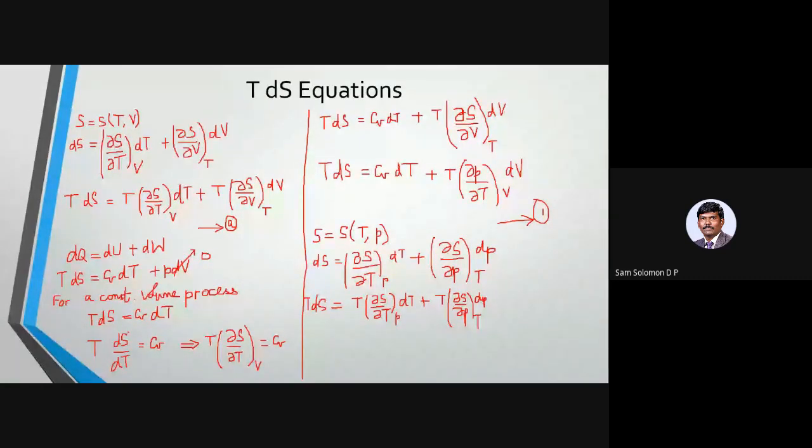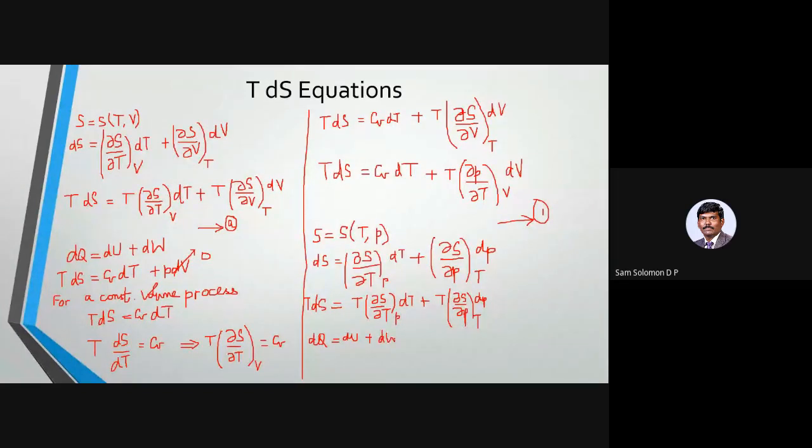And just like we replace this T times partial S partial T at constant P into dT, this T times partial S partial T at constant P can also be replaced with Cp. And the same way you can write dq is dU plus dW.